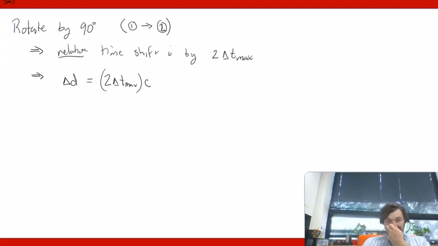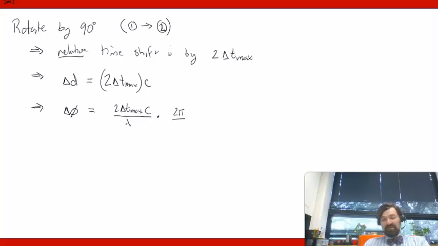And so, in turn, we now can figure out how much phase shift we have. So delta phi, the phase shift, should look like 2 delta t max c, the distance we have, divided by lambda, times 2 pi over lambda is the factor.